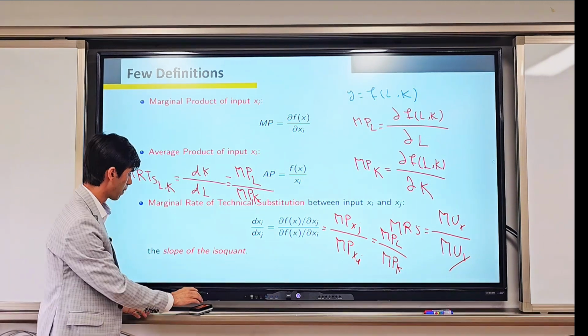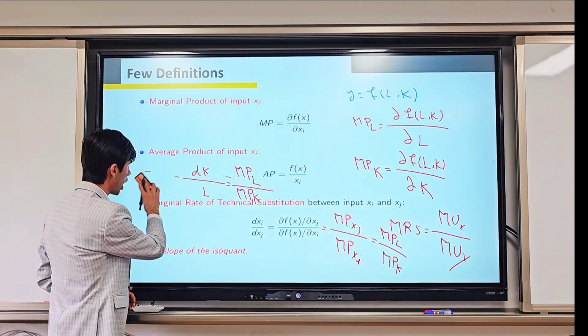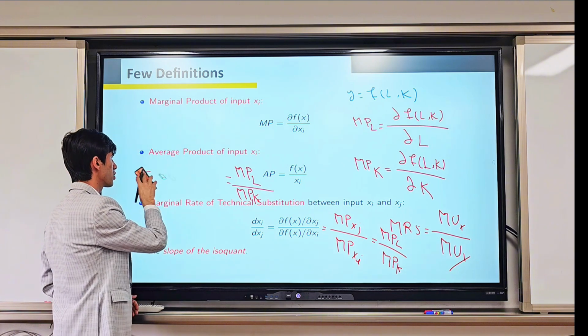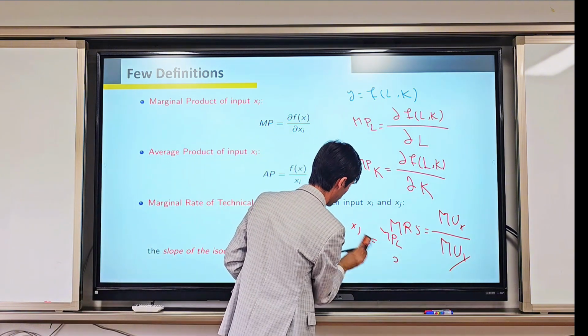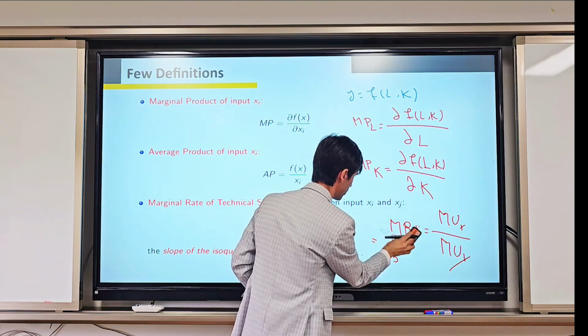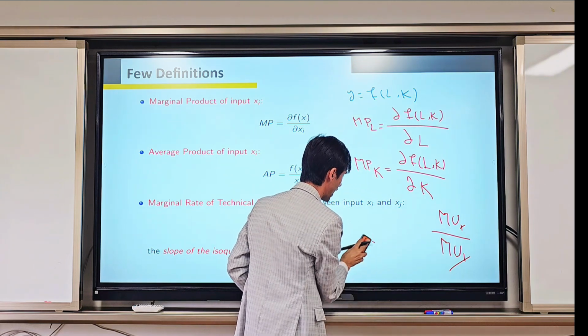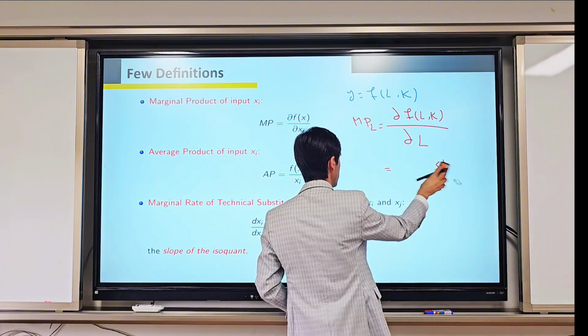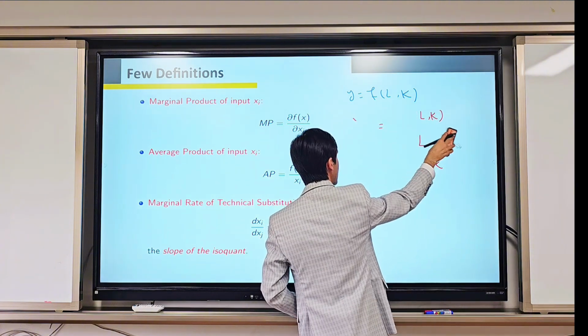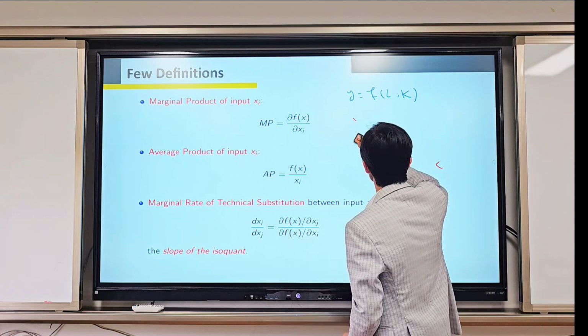Why is it similar? Because, as you know, the isoquant and the indifference curve both have an identical kind of shape. Why do they have an identical shape? Because in most cases, the utility function that we use has an identical form to the production function.